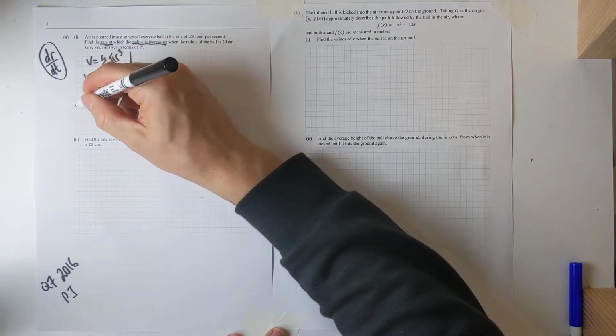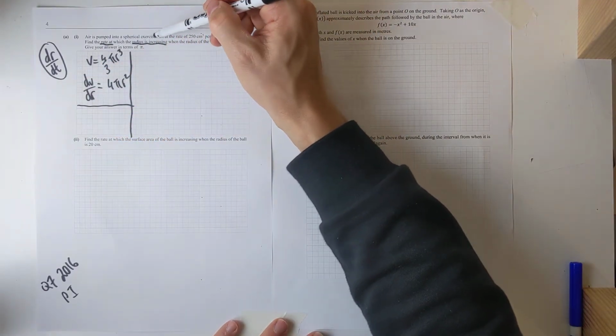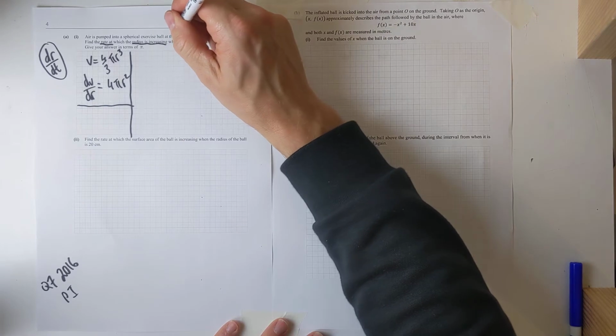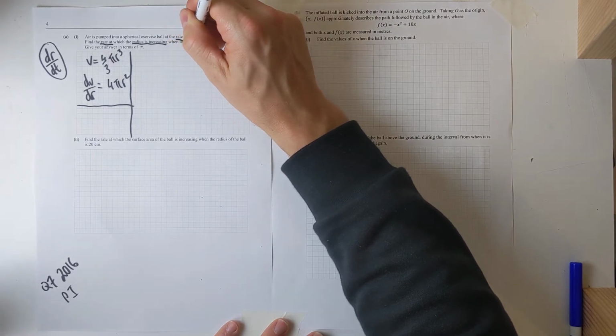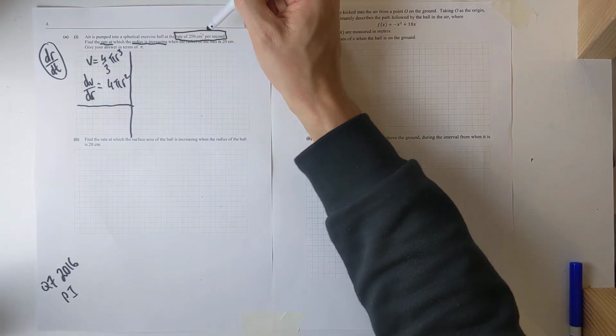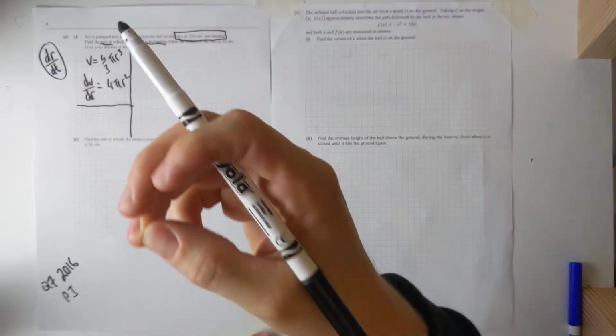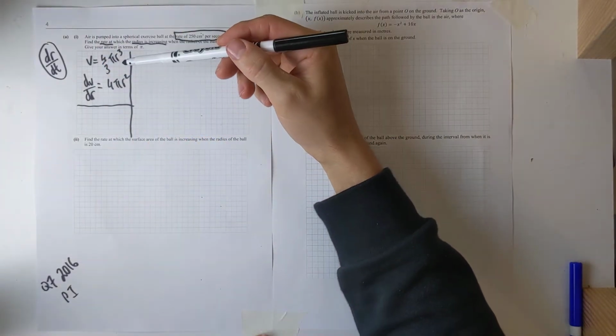Now, they also talk about air being pumped into a spherical exercise ball at the rate of 250 centimeters cubed per second, so this is some sort of rate of change. You have to think about what that is. You're trying to get dr/dt.